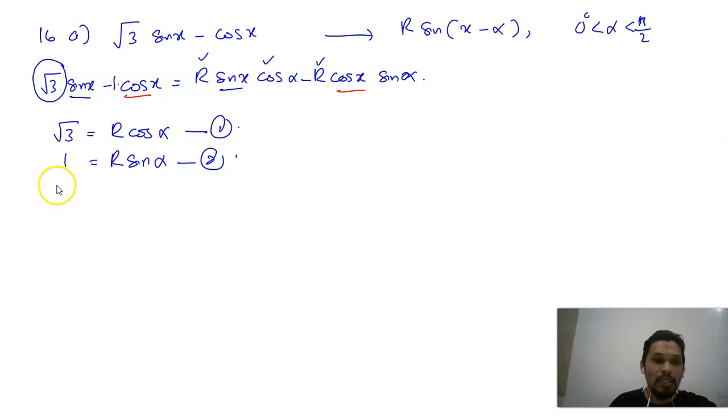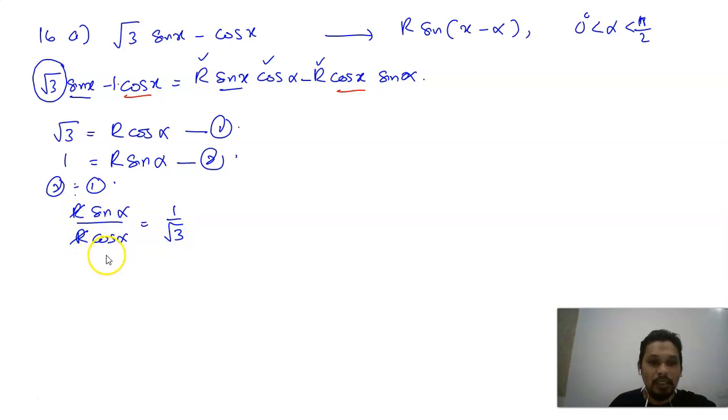Then to find the value of alpha, we take equation 2 divided by equation 1, where r sine alpha divided by r cos alpha equals 1 divided by square root of 3.